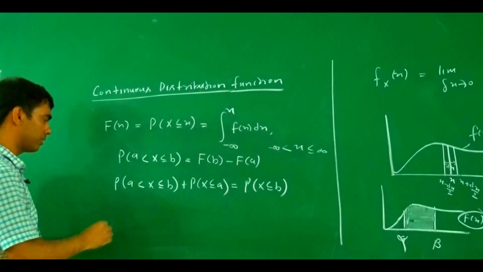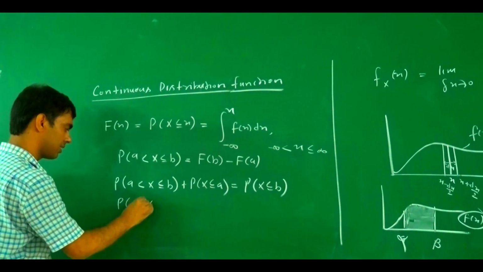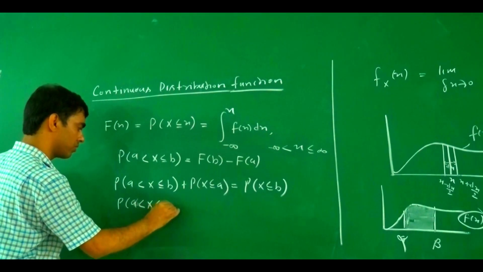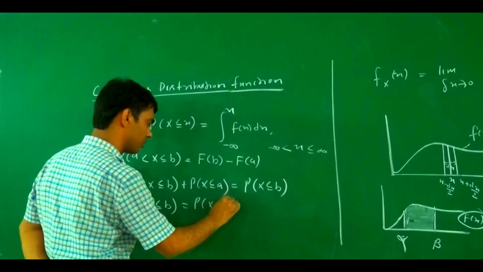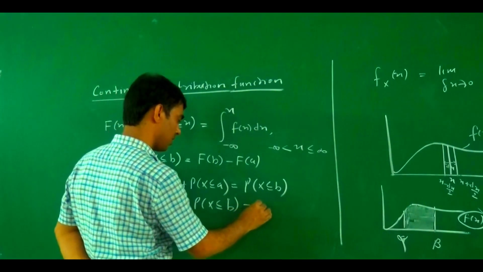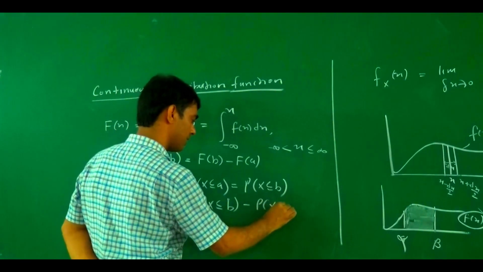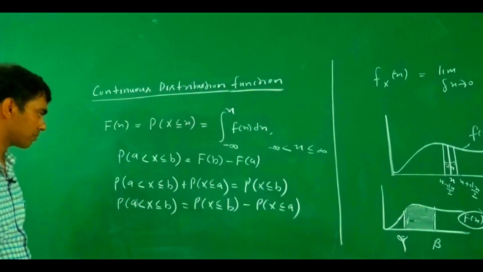So the probability that X is greater than a and less than or equal to b equals the probability that X is less than or equal to b minus the probability that X is less than or equal to a.